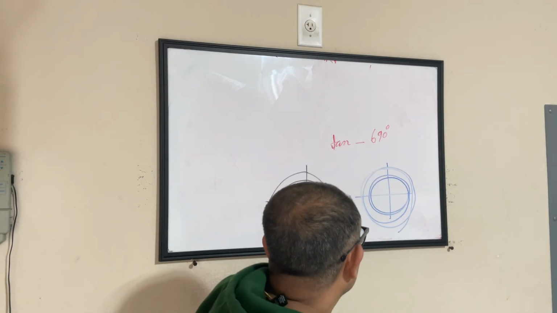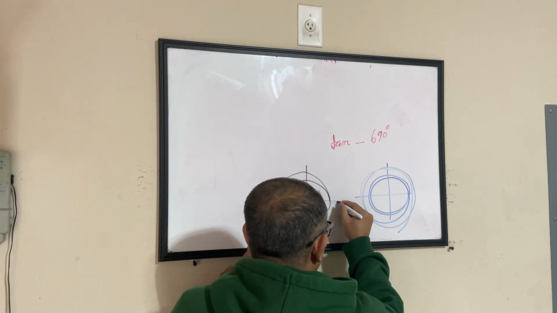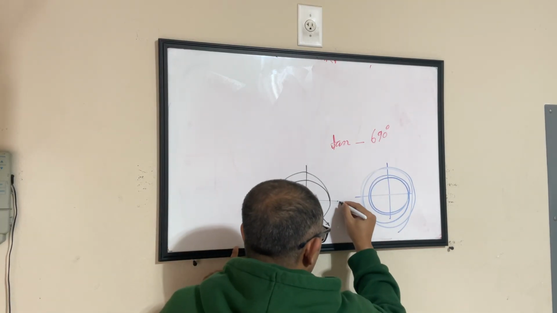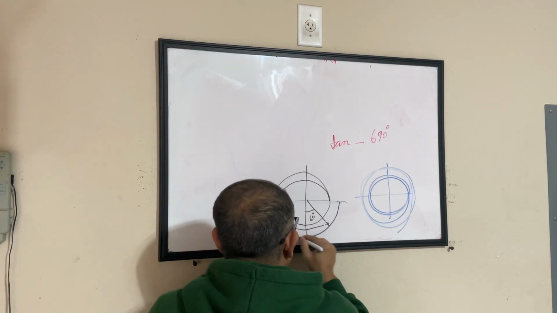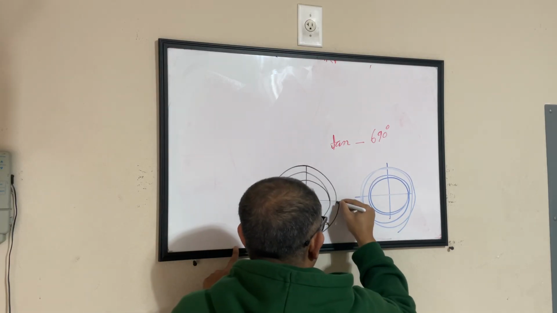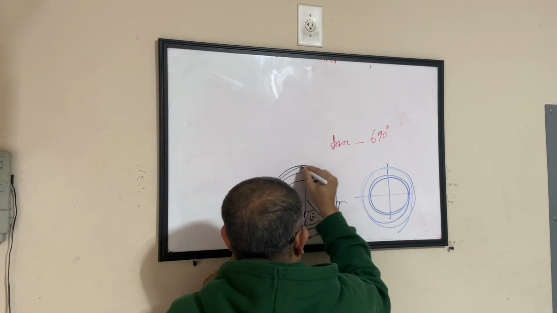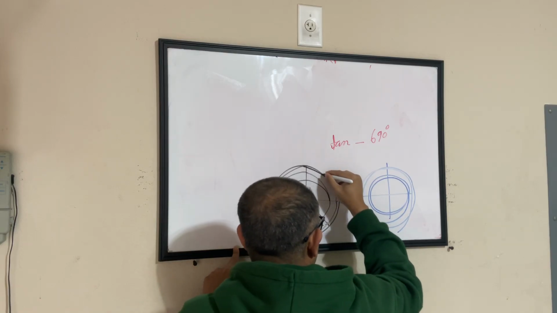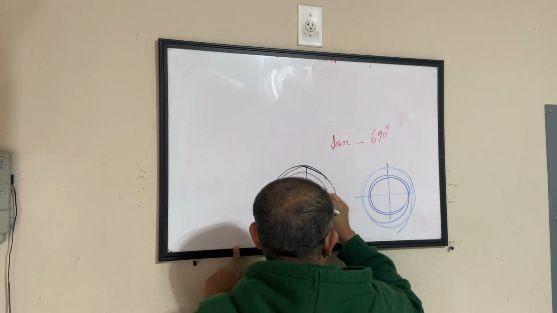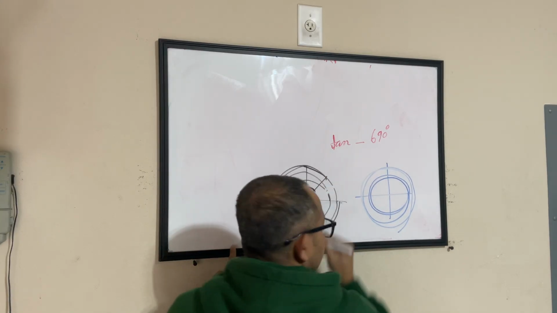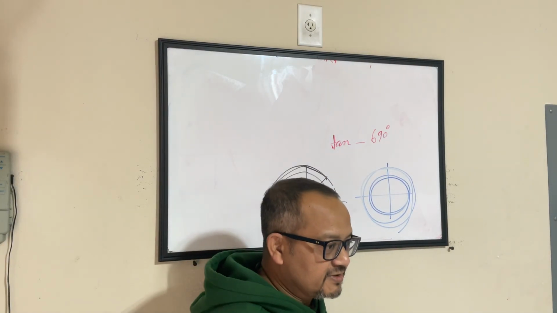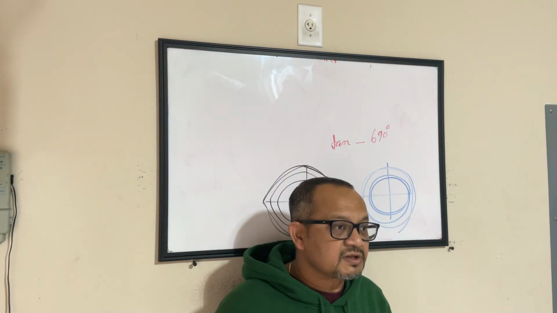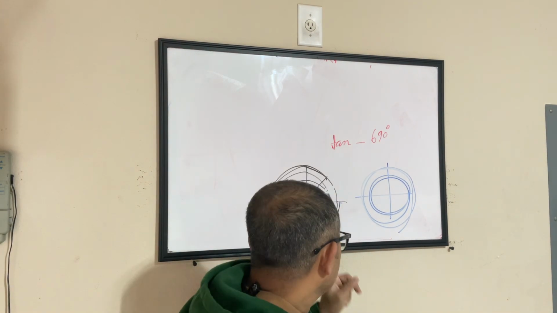Now, if I am saying minus 690, when I am taking that negative into account, meaning I am going clockwise, 1, 2, 3, 4, 5, 6, 7. 7 times 90 is 630 and then 60. There's a difference. Okay. So how we measure the angle, which way we traverse, that makes a difference.